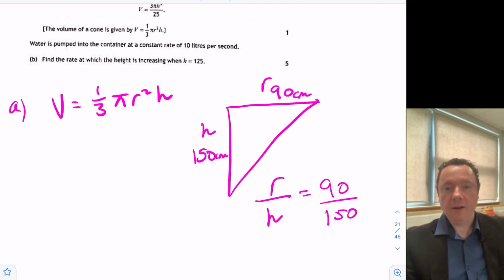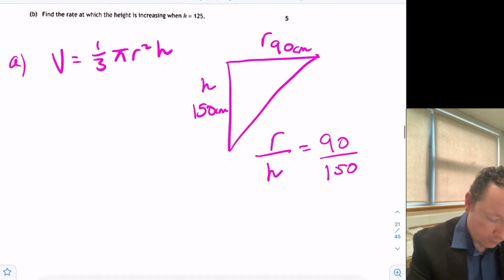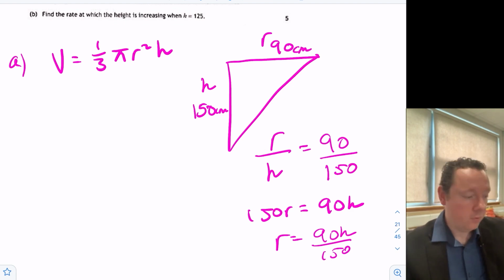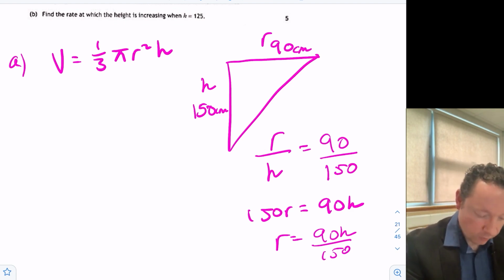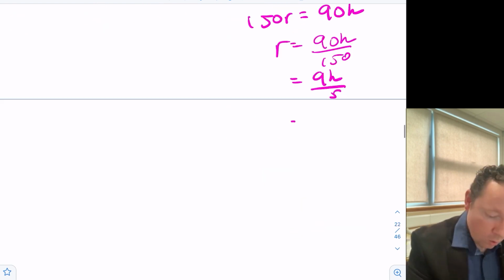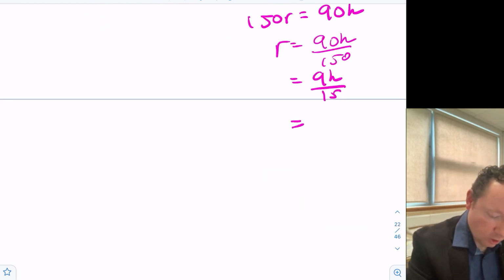So we can use that fact to eliminate our r from our equation, because 150r must equal 90 times h, or in other words, r is 90h over 150, which you can simplify to 9h over 15, which dividing through by 3 gives me 3h over 5. So r is 3h over 5. There's your key fact.